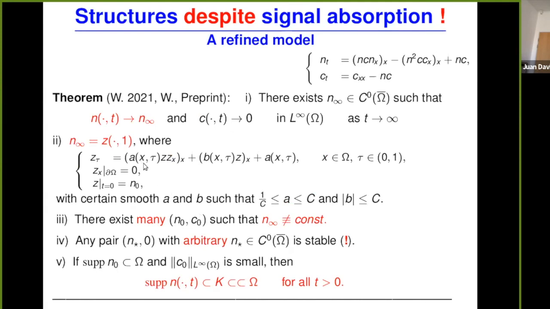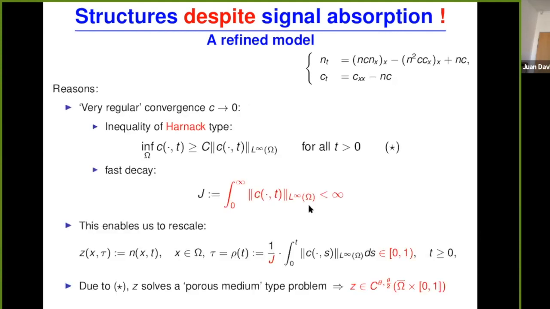This porous medium type problem with this coefficient A here, which is of course a rescaled version of the C upstairs. This A is bounded not only from above but also from below by a positive constant. So it's no further degeneracy here inside, because C is bounded from above and below by its maximum and its minimum, and the maximum is bounded from below by the minimum, and this gives you a two-sided bound for the A.